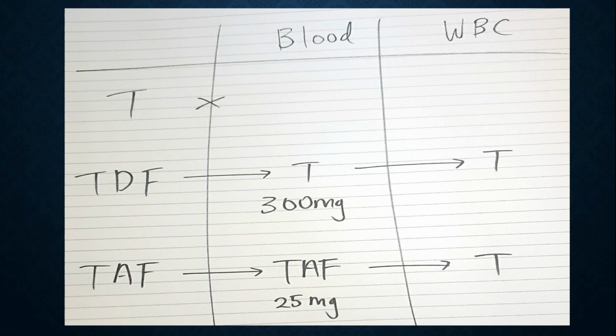TAF is the more recent one, and it can also cross the barrier and enter the white blood cell. As you can see, TAF in the blood is just 25 milligram, whereas TDF is 300 milligram. So we can say TAF has fewer side effects.